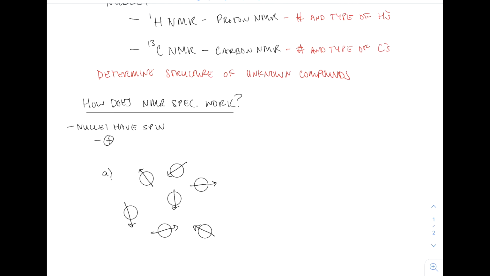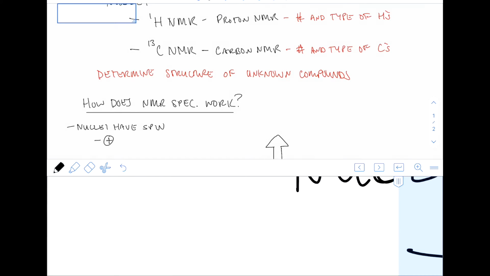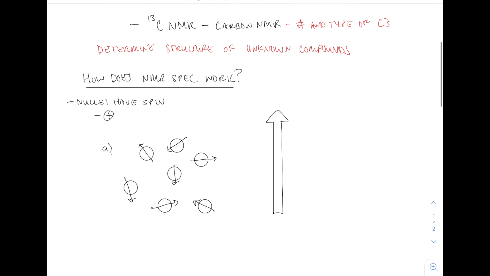And so once we apply that magnetic field, so let's see if I could draw a pretty arrow for you guys. Okay, so this would be our applied magnetic field, and this would be indicated by B naught, or B with a little subscript 0.